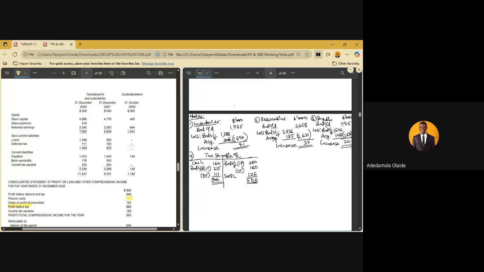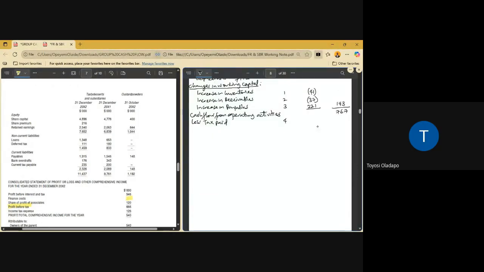Is that what you also got? If 160 is the tax paid, what will be the net cash flow from operating activities? 607. So we can then move to investing activities.